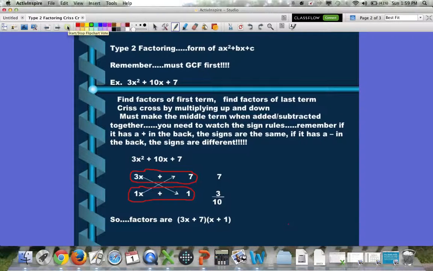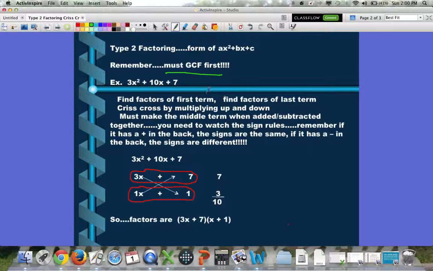All right, type 2 factoring, remember, you must always GCF first. If there is something in common with all three terms or both terms, you need to take that out and then see what you have left over. The first thing you're going to want to do is factor the first term, the quadratic term, which would be the 3 in this particular example.